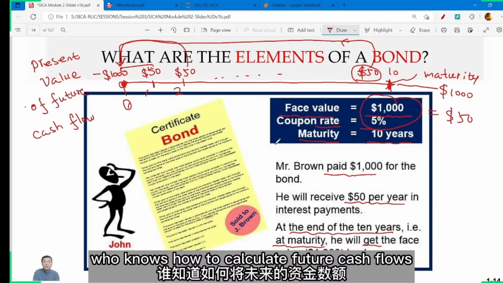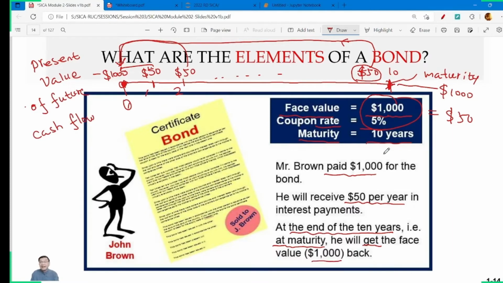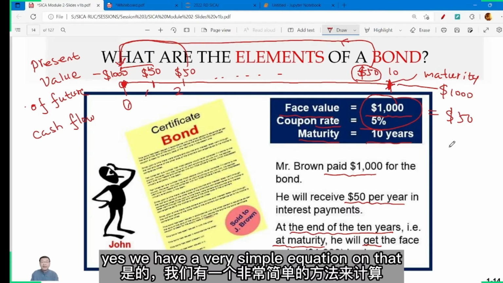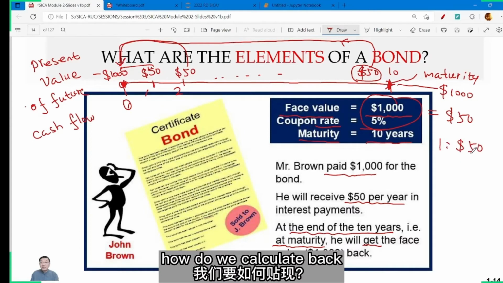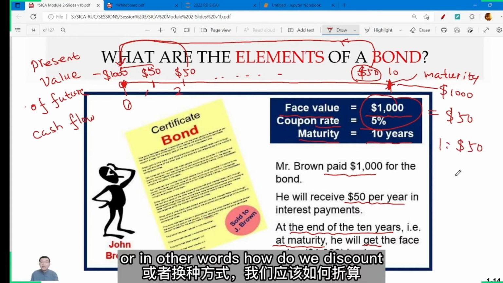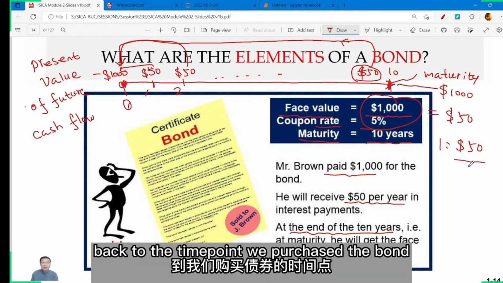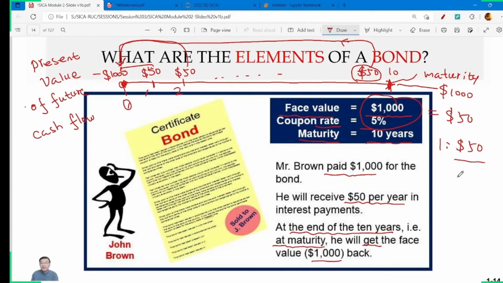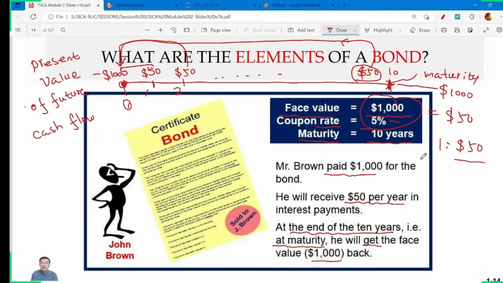Who knows how to calculate future cash flows back to the current point? Yes, we have a very simple equation for that. For the first year, $50, how do we discount it back to the time point we purchased the bond? We use this way. The coupon rate is 5%. Suppose the coupon rate is the same as the market rate.